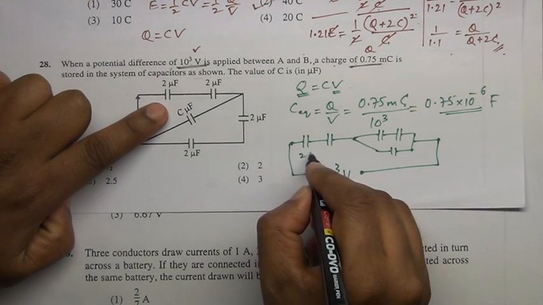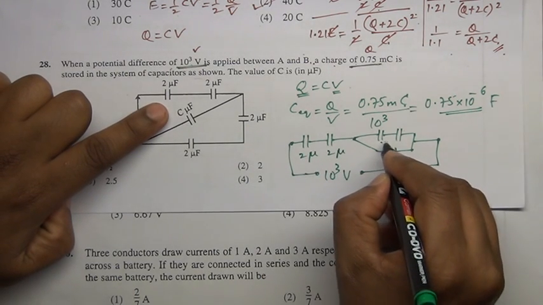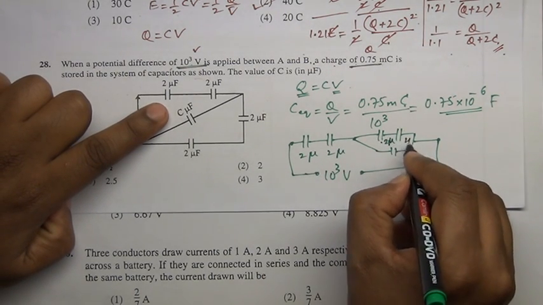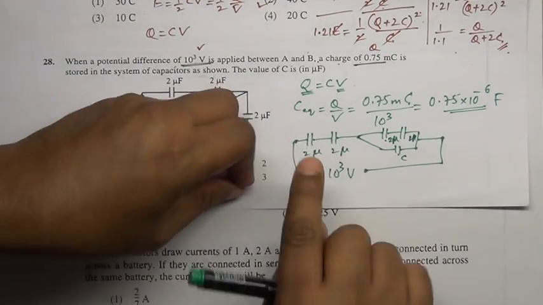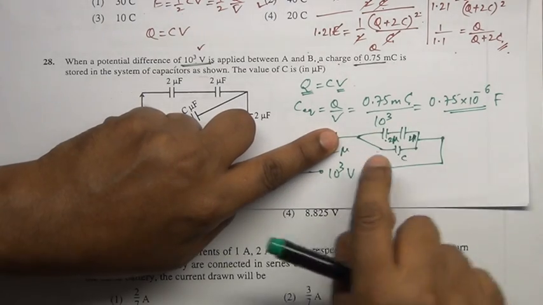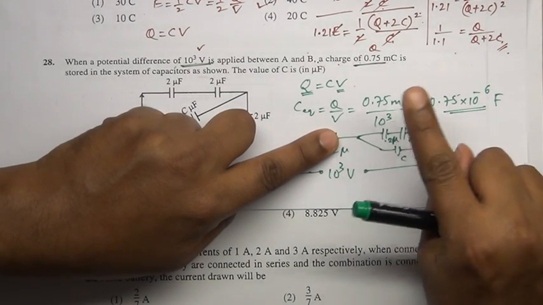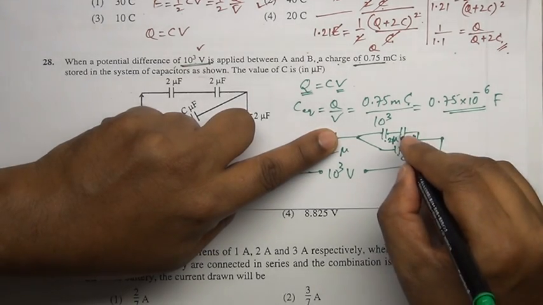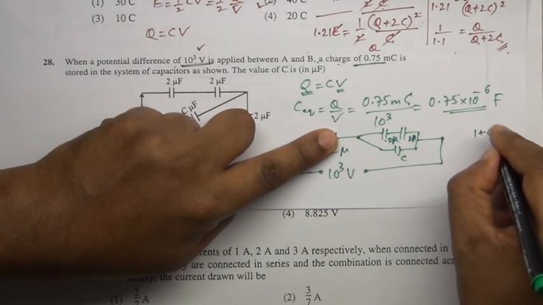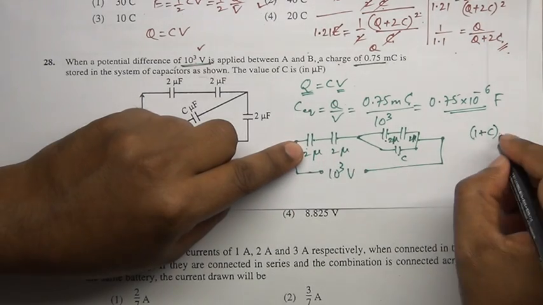This is 2 micro, 2 micro, 2 micro, 2 micro, and this is C. If these two are in series, equivalent is 1. These two are in series, equivalent is 1. 1 plus C.